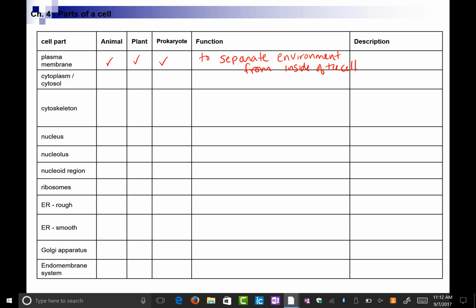That's the function. That's what its purpose is. I want to make sure you guys are understanding that. You could also put the function is to control what goes in and out of the cell.